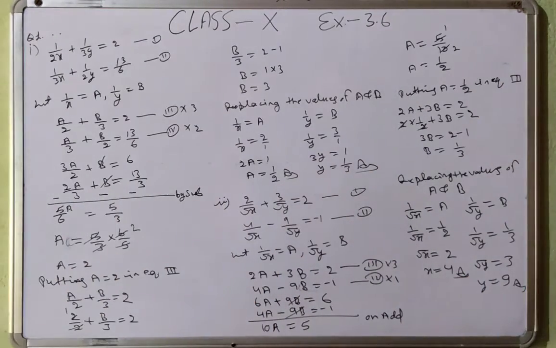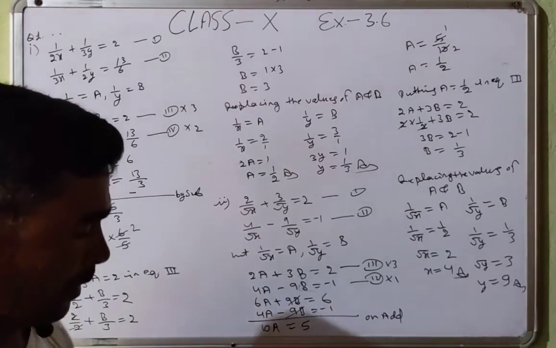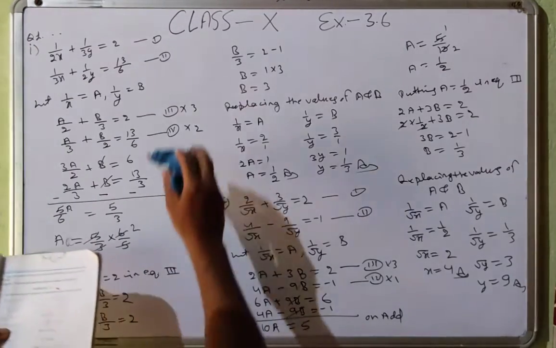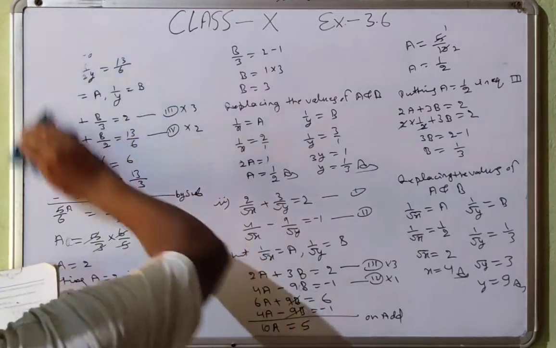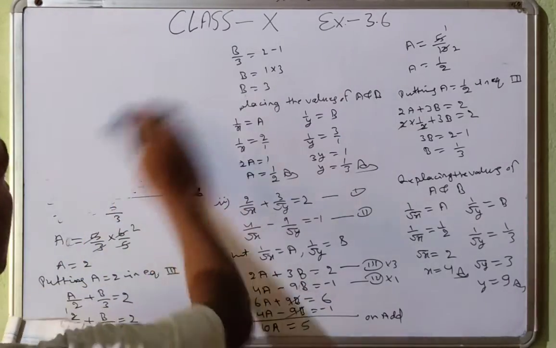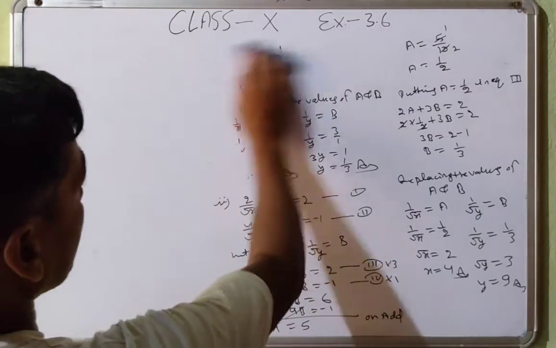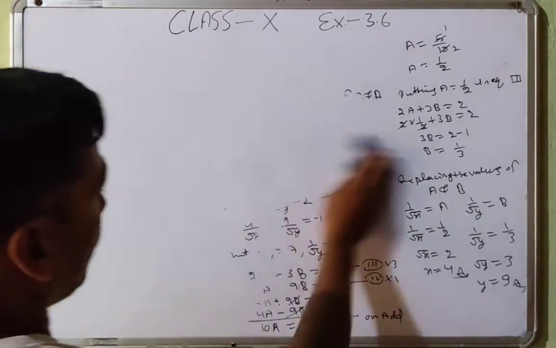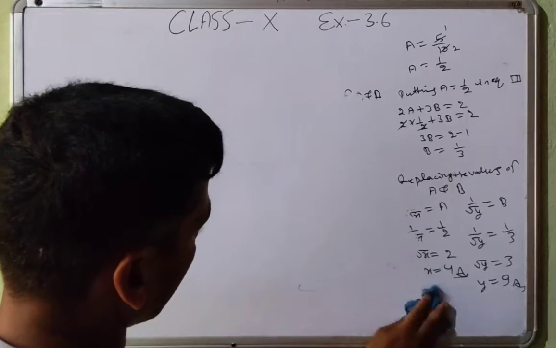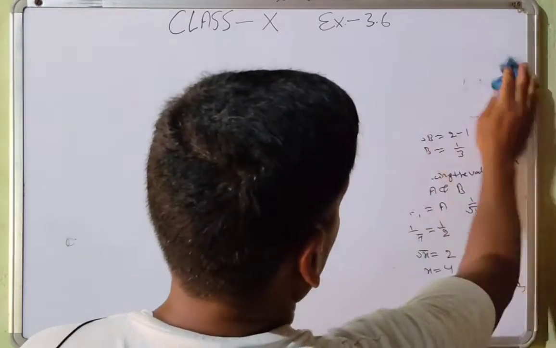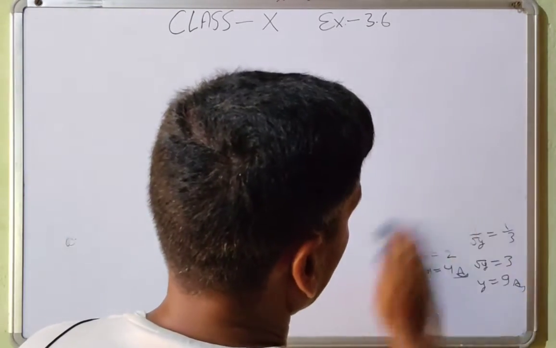And then the third question, that will be 4 upon x plus 3y. And one thing is given: one variable is given in the denominator and one variable is given in the numerator place. So here there is no problem, but you can be confused.